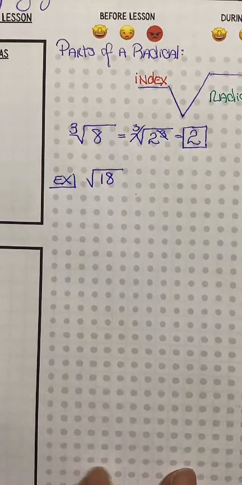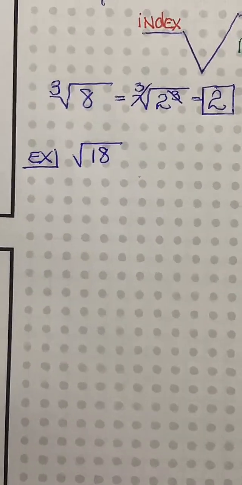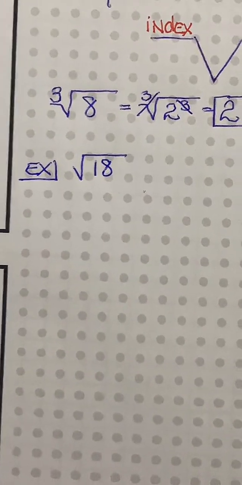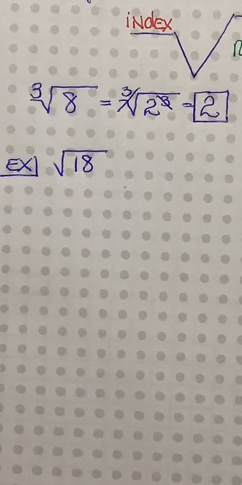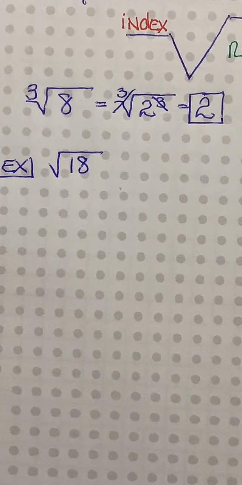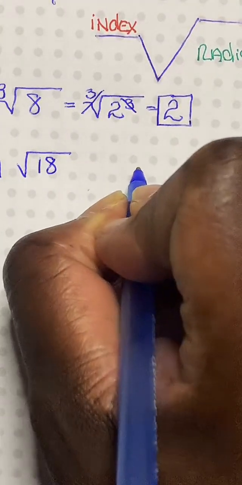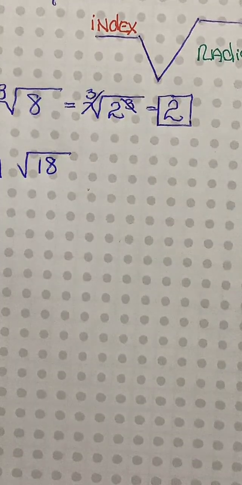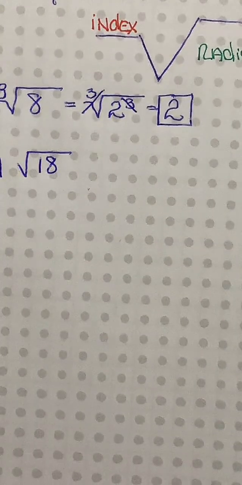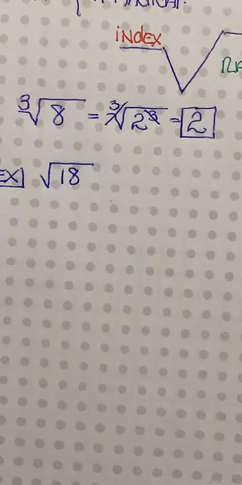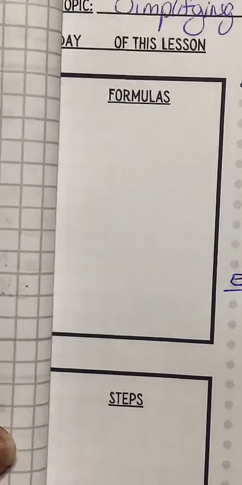All right. So with the square root of 18, 18 is not what's called a perfect square. So that means if I go with my perfect squares, I'm going to try to just list them out real quick. I'm actually going to put it over here with formulas. So say the square root of 1, that gives me 1.